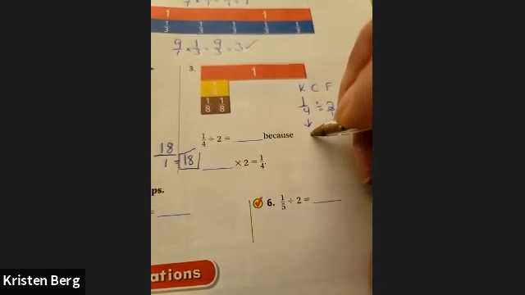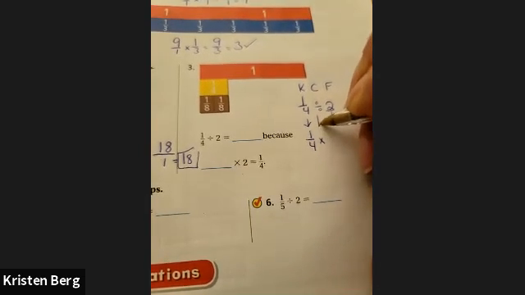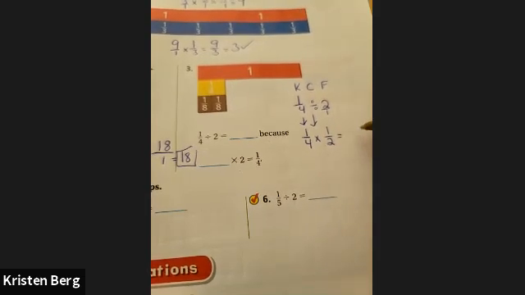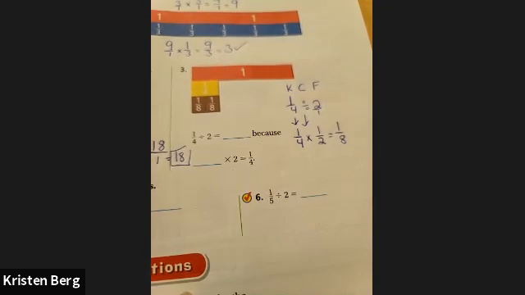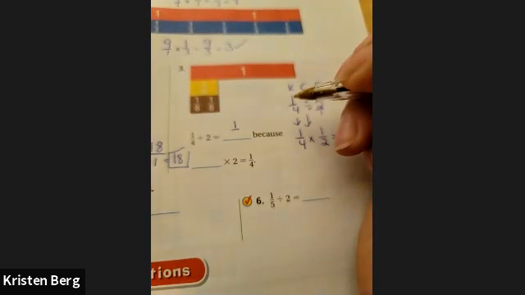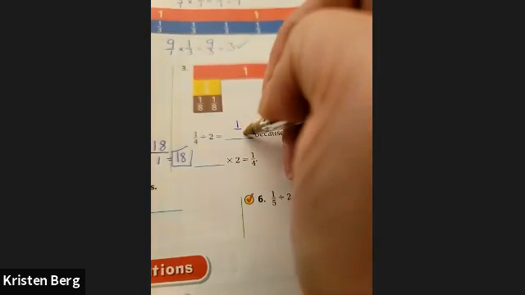So again, keep this one, change to a times, and then flip this one around, be 1 over 2, which is 1/8. So therefore, if I took 1/4 and I divided it by 2, it should be 1/8.